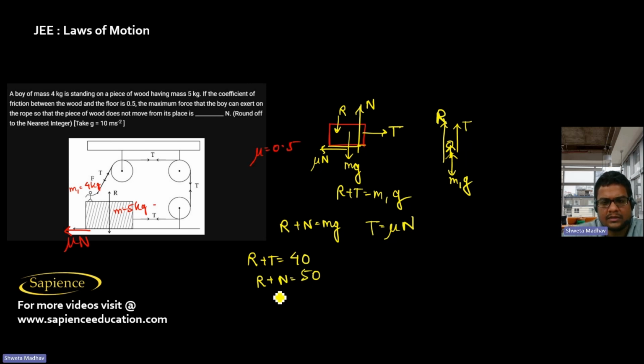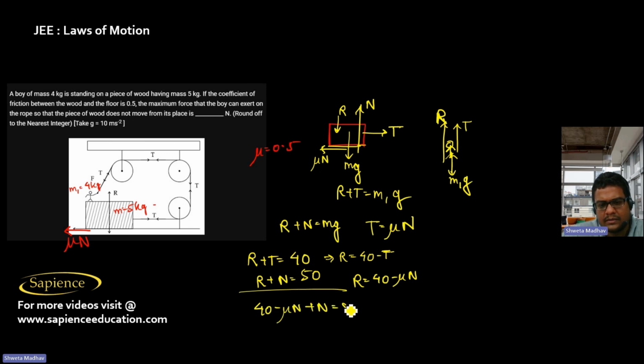If we subtract this, then we will get R equals 40 minus T, or I can say R is 40 minus mu N. So 40 minus mu N plus N is equal to 50.